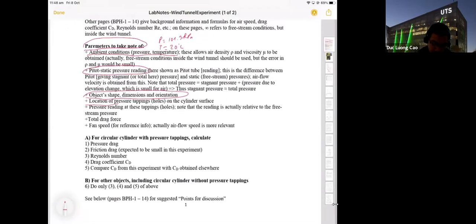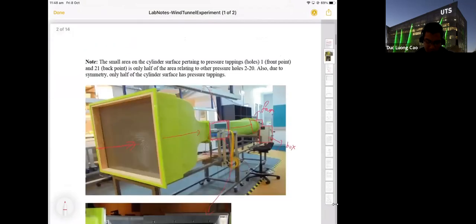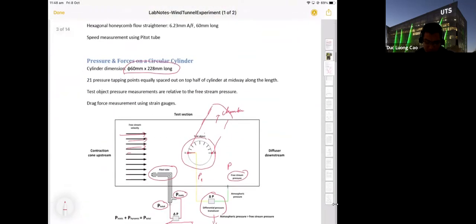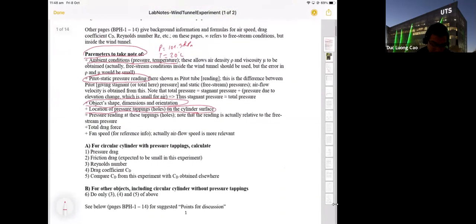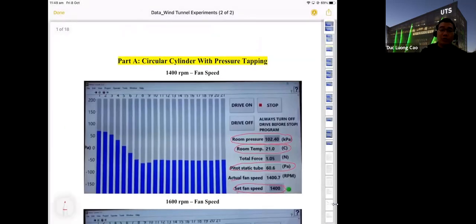The location of the pressure tapping holes on the cylinder surface: as I showed you, you have 21 holes on the half of the cylinder. You have pressure readings at these tapping holes. Note that the reading is actually relative to the free stream pressure. We have 21 pressure tappings, or 21 holes.